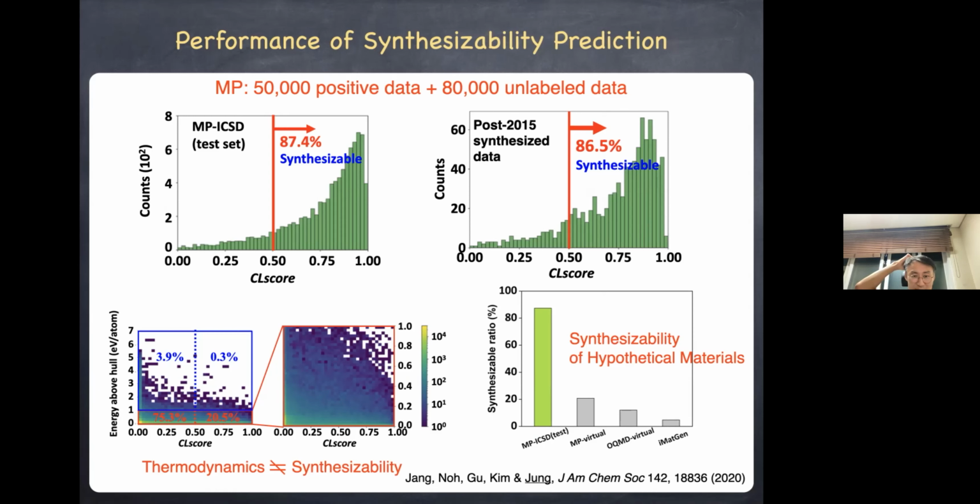Including us, people usually use formation energies or energy above hull as a rough estimate of the synthesizability of inorganic crystal structures. But this suggests that may not be true, and there might be something more than thermodynamics for predicting synthesizability.